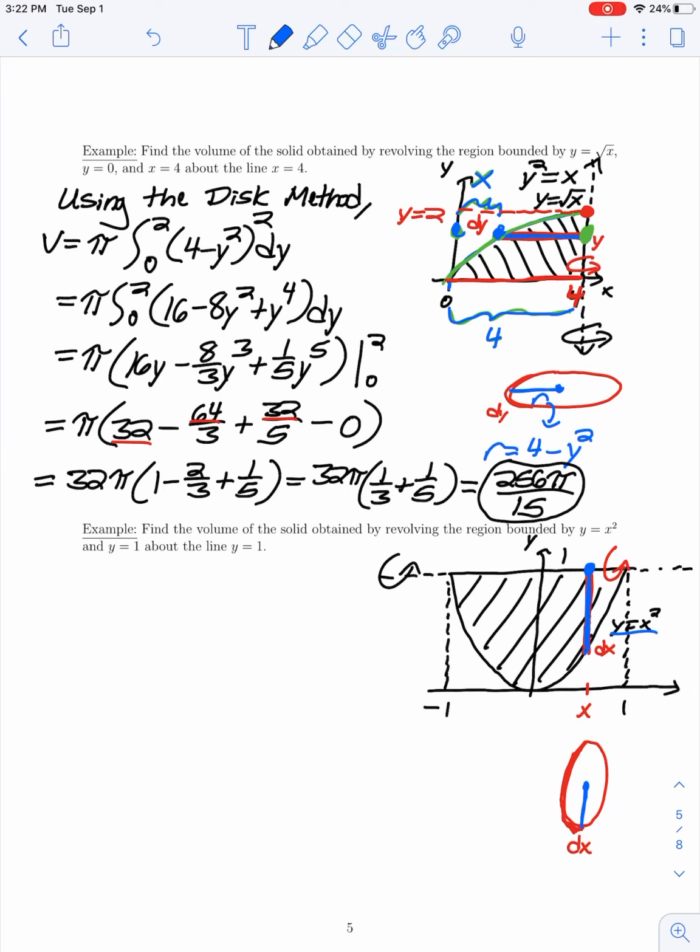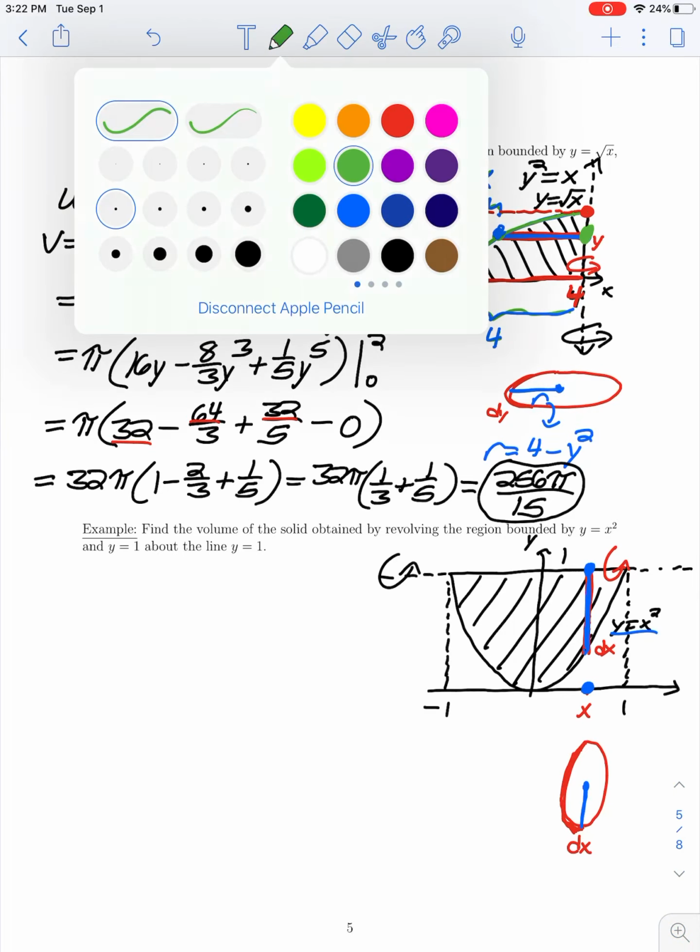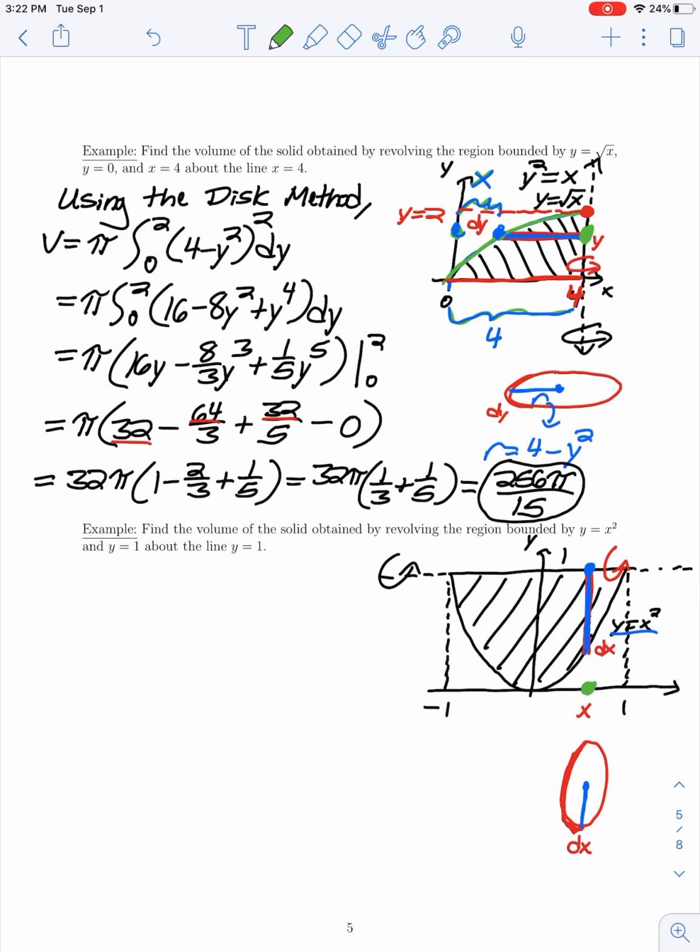So let's think about how I'm going to find that radius. I know that the total distance from the x-axis up to my axis of revolution is 1 unit. And the distance I travel from the x-axis to this edge is given by the equation y equals x squared.